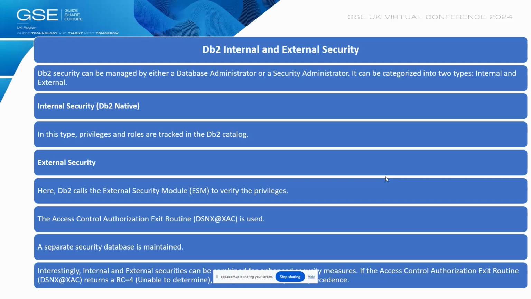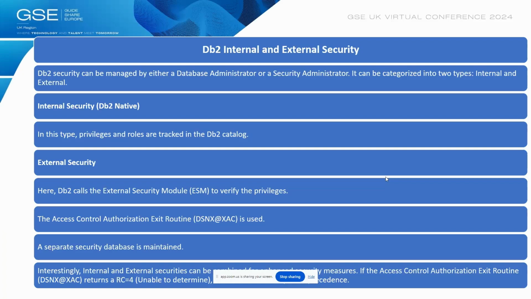As stated, security can be managed by the database administrator, especially when it's internal security, or by the security administrator when it's external and we are talking about a RACF implementation.